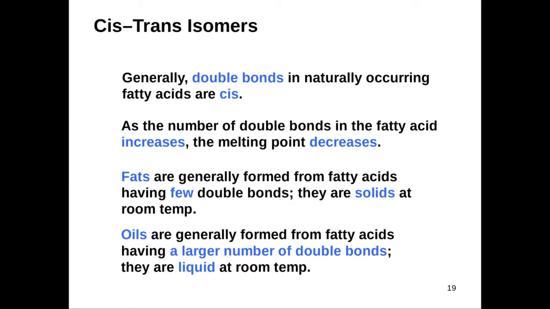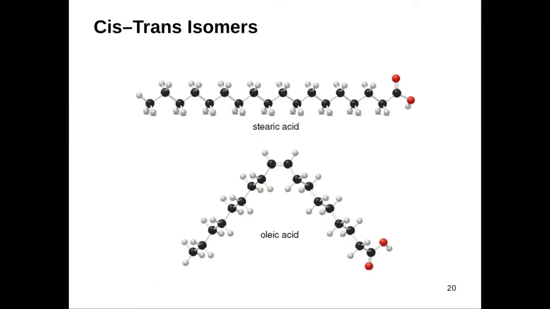Fats generally formed from fatty acids having few double bonds are solid at room temperature, like butter, which is solid-ish at room temperature. However, oils are generally formed from fatty acids having a large number of double bonds and are thus liquid at room temperature. You can think of something like olive oil. It's liquid at room temperature, thus meaning it must have lots of double bonds.